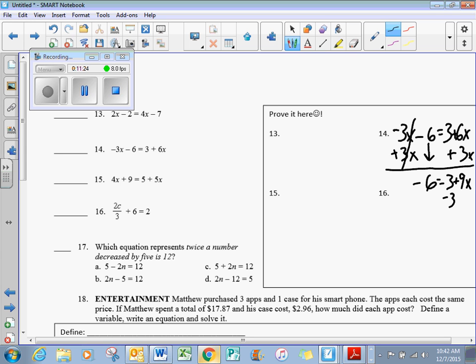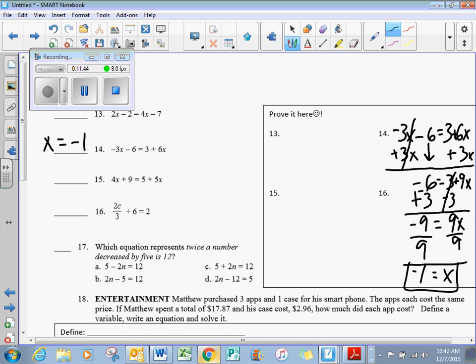I'm going to subtract 3 from both sides, plus a negative, and I get 9x equals negative 9. X is negative 1. And if you got 1 here, the reason it's wrong is if you would have plugged it in and checked it, you would have realized that it is negative 1. And that's on you. You need to check your answers. Okay? You have a calculator right there. All you have to do is take 30 seconds to plug them in.